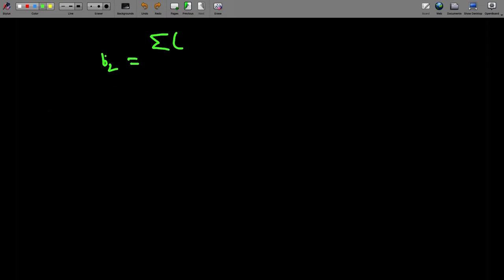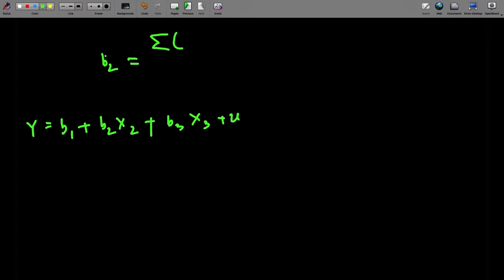Let me write down the equation first. Y is equal to, using the same notation, beta 1 plus beta 2 x2 plus beta 3 x3 and some error term. This is my equation.